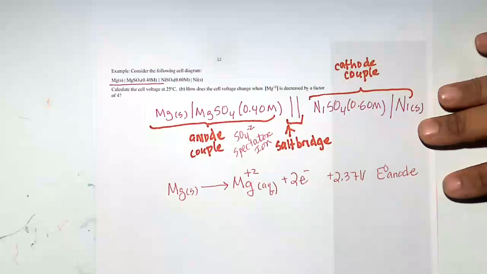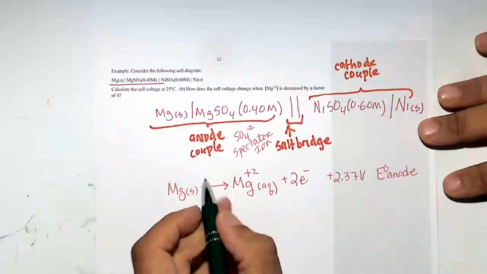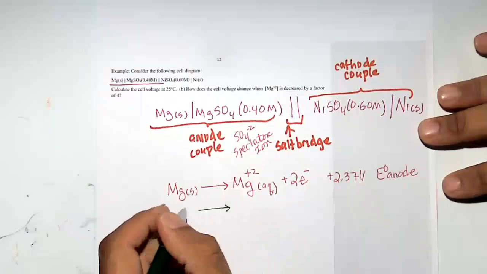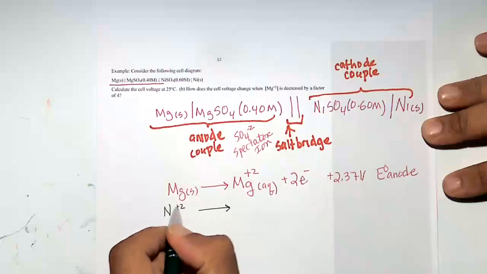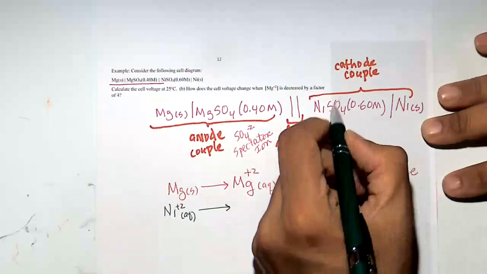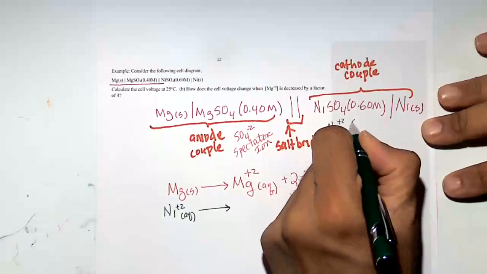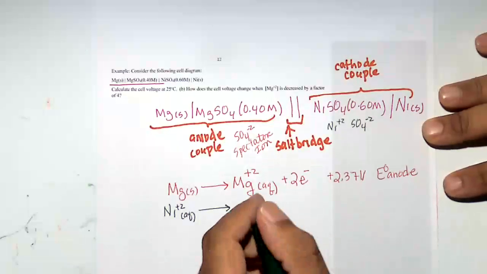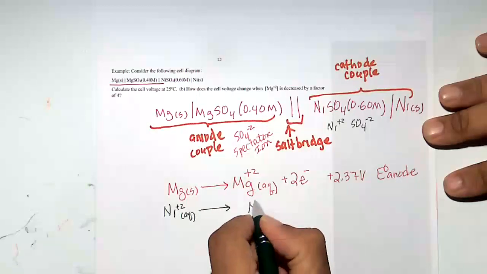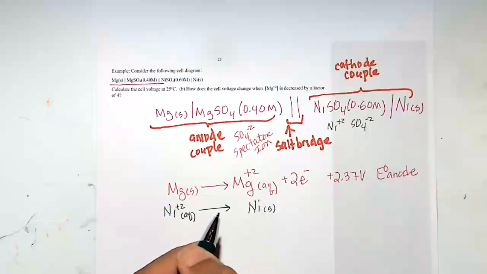Okay, and then the next one will be nickel. Going to nickel solid. Nickel plus 2. Because remember, this is Ni plus 2 to SO4 minus 2 ionic. And Ni plus 2 goes to nickel solid.